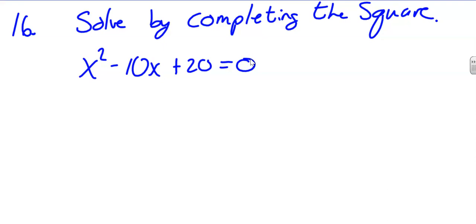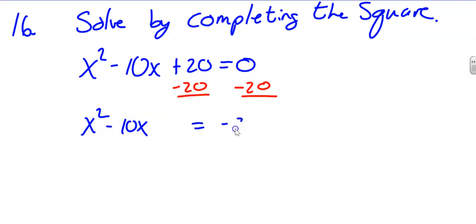With completing the square, the very first thing you have to do is get the x's by themselves. You're going to take this 20 and get it by itself. Whether you say you're getting the x's by themselves or the constant by itself, however you want to look at it, just separate the two things. All the x's go over here. The number that's by itself goes over on this side.